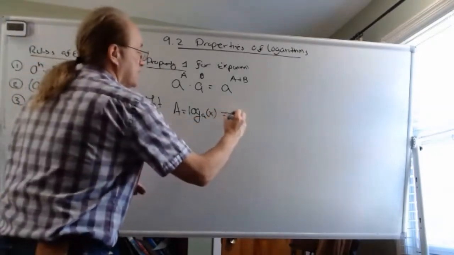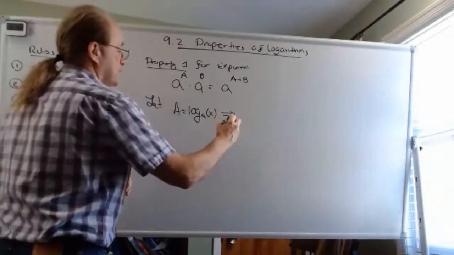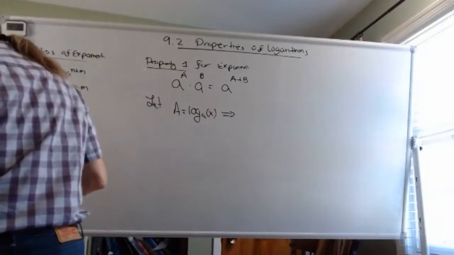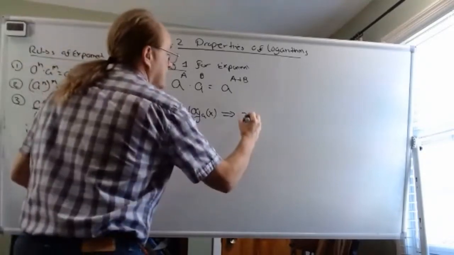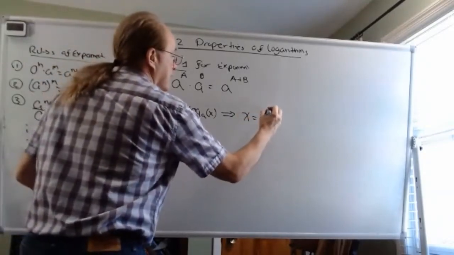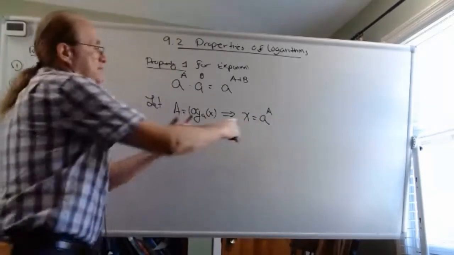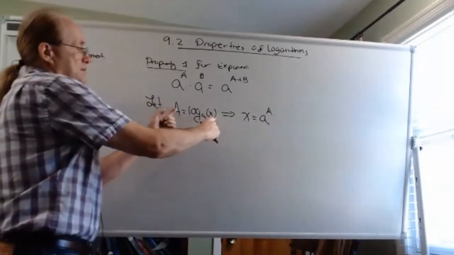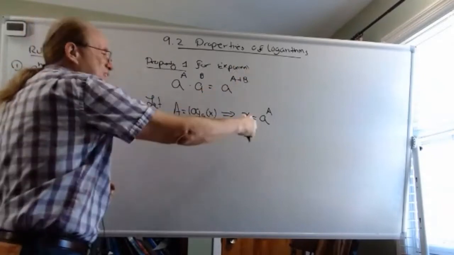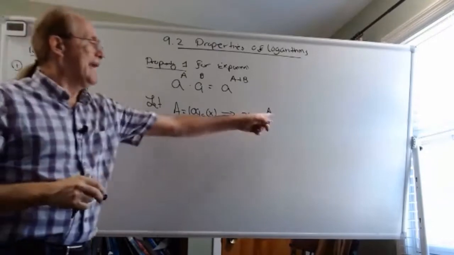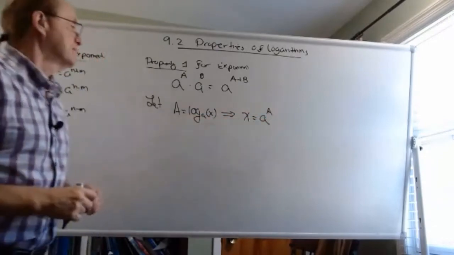This also means a to the a is equal to x, or x is equal to little a to the a. Remember, we can either write it in logarithms, or we can flip it this way. A to this power is the exponent. This is my exponent definition of a logarithm, because logarithms are really the exponents.